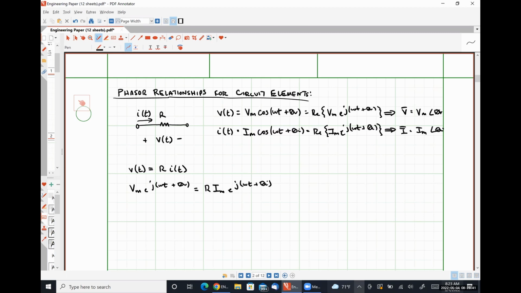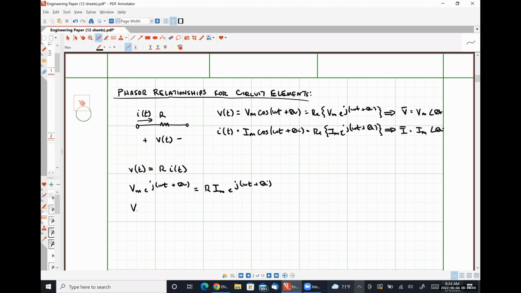What I'm going to do now is split my exponential functions up. So e to the j omega t plus theta v could be expressed as e to the j omega t multiplied by e to the j theta v, right?